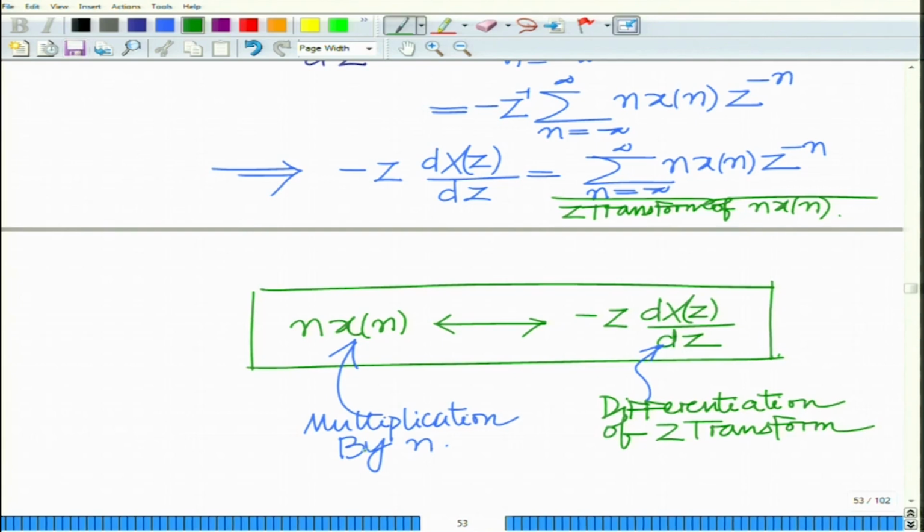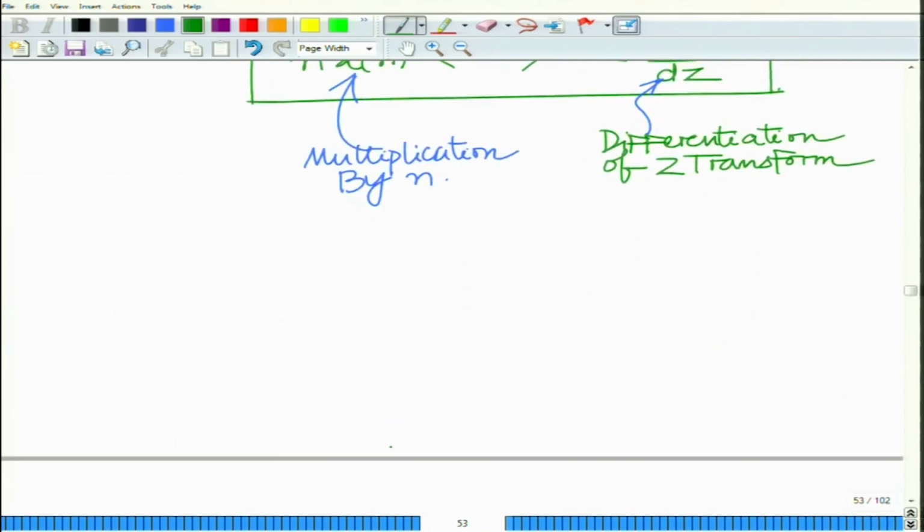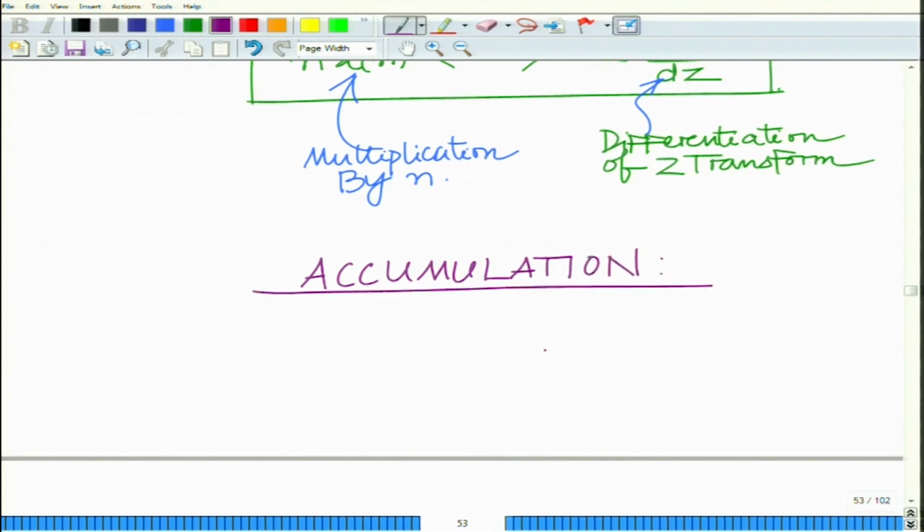Let us look at one final property, that is the accumulation, which is similar to integration in time. So, we have the accumulation property where we have y[n] equals summation k equals minus infinity to n of x[k].